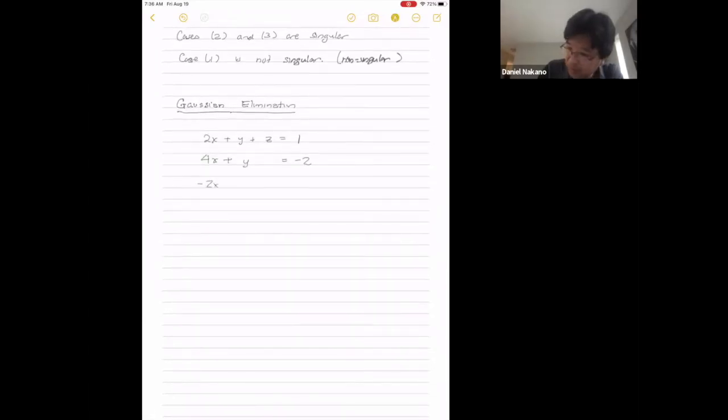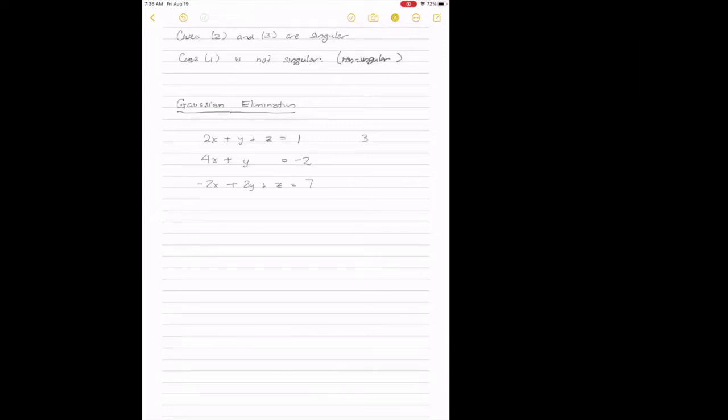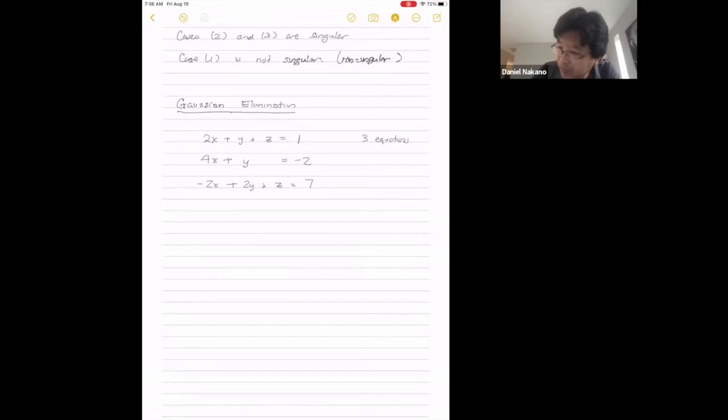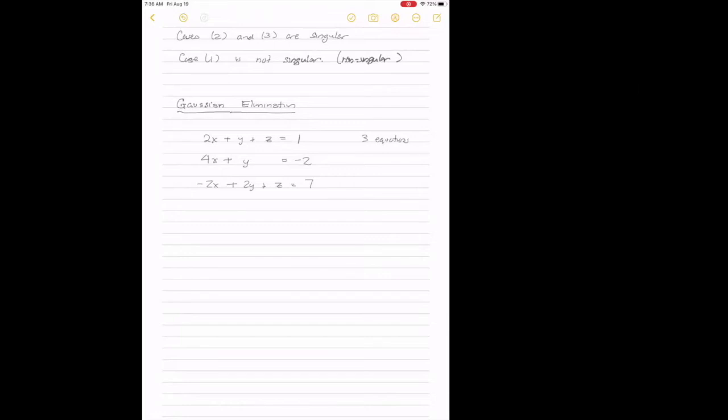And finally, 2x plus 2y plus z is equal to 7. All right, so how many equations are there? Anyone? 3. Okay, 3 equations. And how many unknowns? 3. Okay.